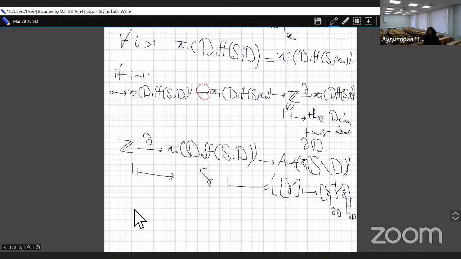But in pi1, it's not. Let's assume that if we have at least one boundary component, then conjugation by this element is not trivial.